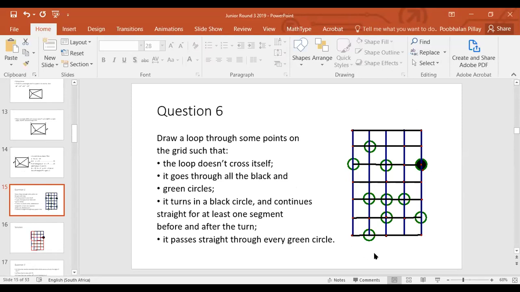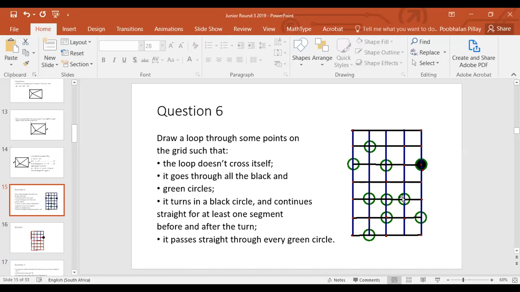It says, draw a loop through some points on the grid such that there are various conditions. Now, a loop means you start and end at the same point. It's a full path. So you're going to go along these lines here, the horizontal and the vertical, in any direction.